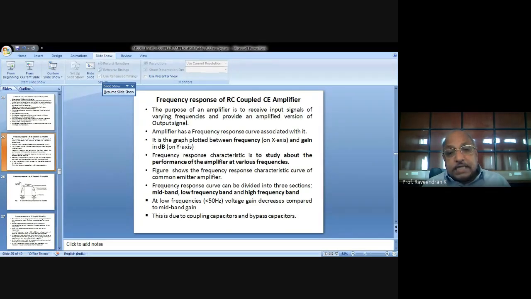What range? The mid-frequency or mid-band range, because it is in that band of frequencies that the audio amplifier or voltage amplifier mainly handles the signals.